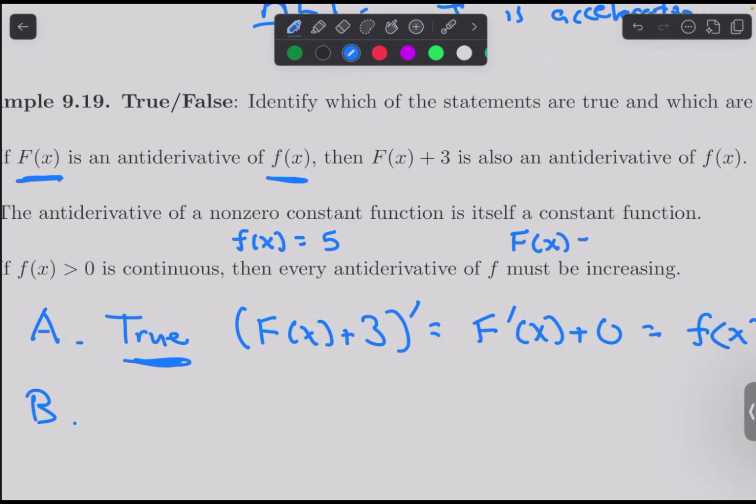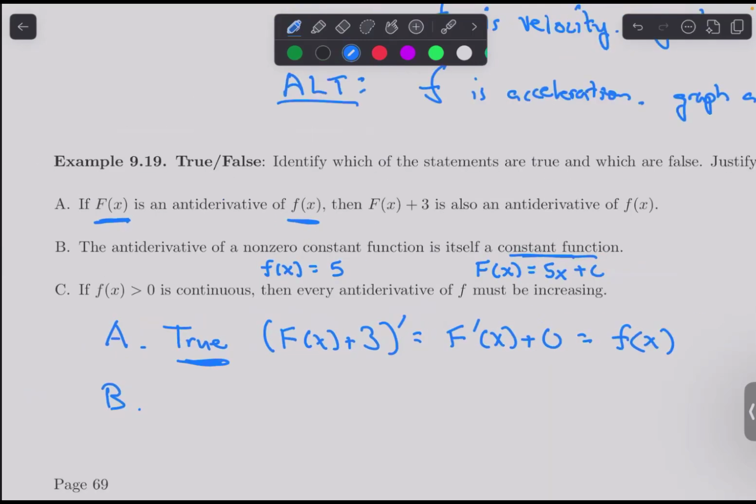And my claim is this is also constant, is itself a constant function? Well, if I find the antiderivative of this, it's going to be like 5x plus some constant, if I do the most general one, but that's not constant. So while my original function may be constant, my antiderivative has to include that x. And so this is going to be false.